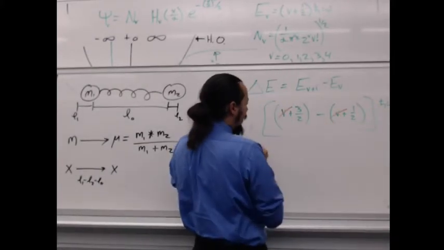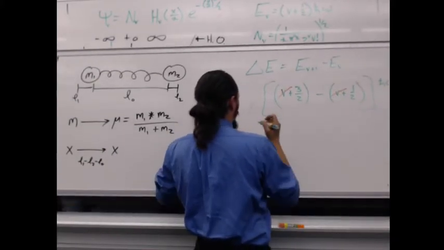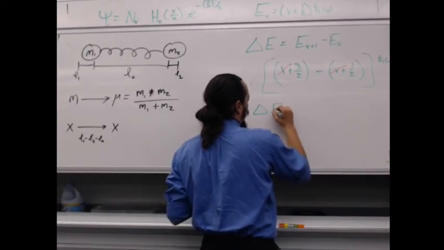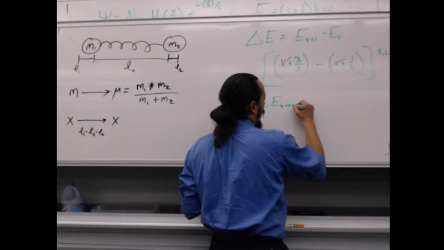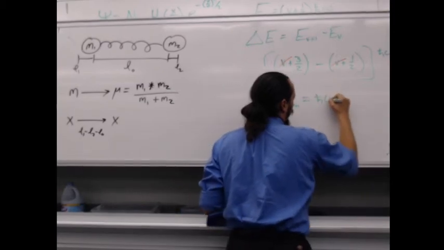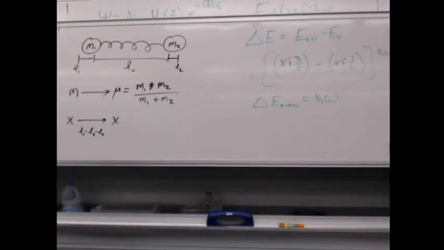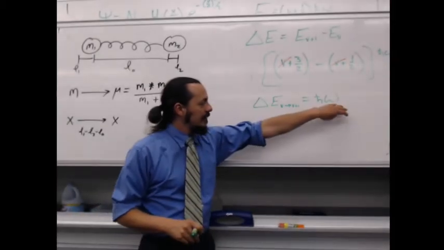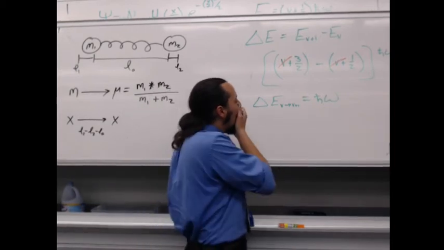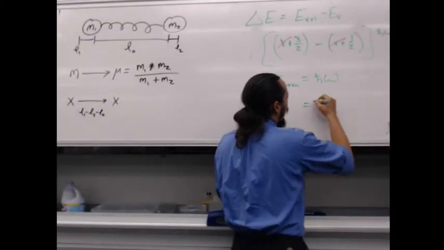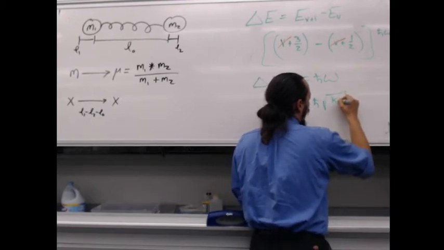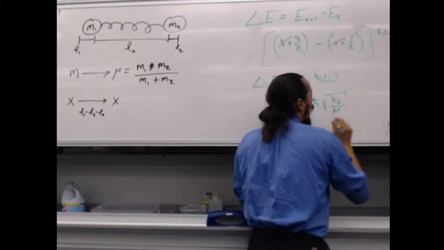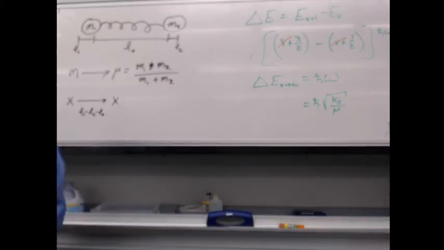A factor of 1/2 cancels out. And we just get the difference in energy is h bar omega. It's essentially this term, which we can then extrapolate even further. Say it's h bar times the square root of k_f over mu, using reduced mass there.